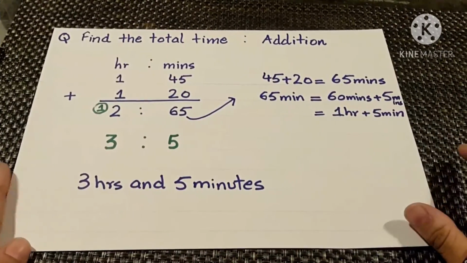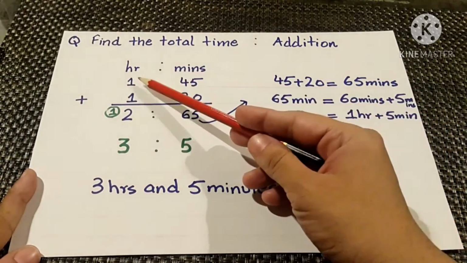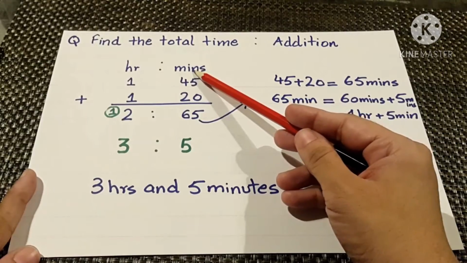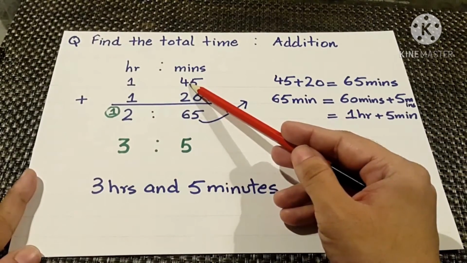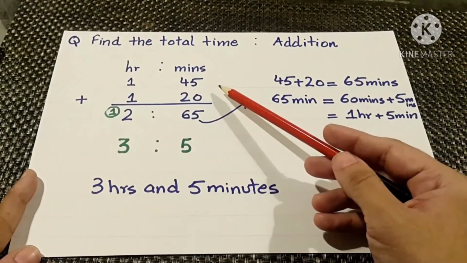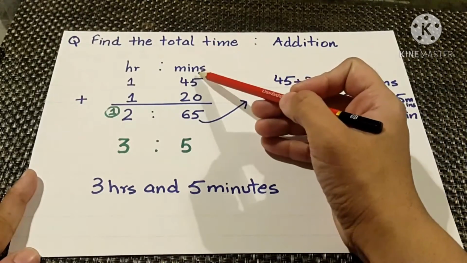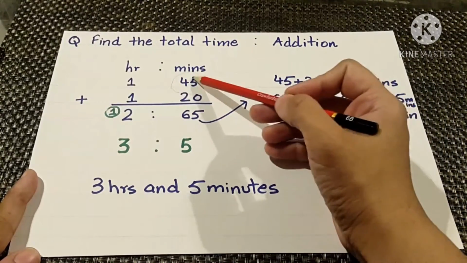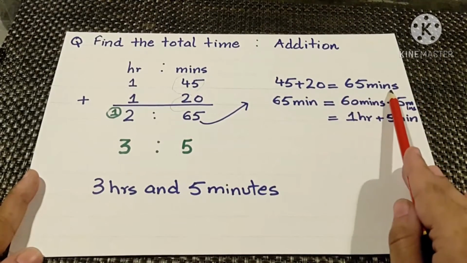Let's do the questions of addition of time. Now hours are given and minutes are also given. Hours 1 and 45 minutes, and 1 hour and 20 minutes, and we have to add them. Now the key point here is that in minutes we have to add 45 and 20. When we add it, we get 65 minutes.